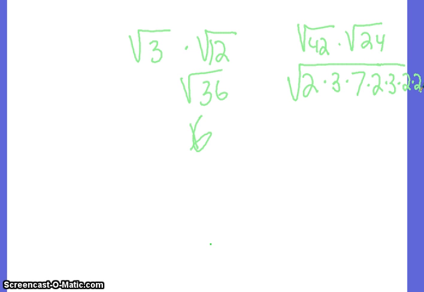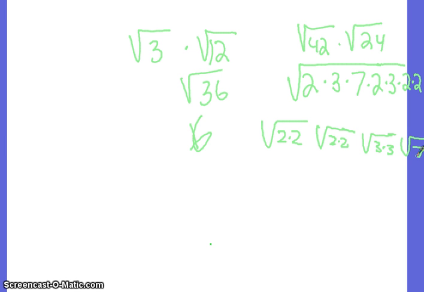I have three 2's. Let me break it out to pairs to show you the steps. 2 times 2 is one pair, and that leaves a 2. How many 3's do I have? I have two 3's, so 3 times 3. And then I have the square root of 7, so I only have the one 7.